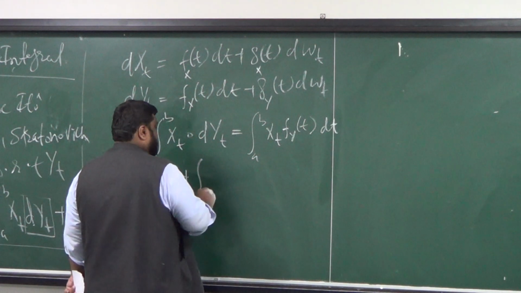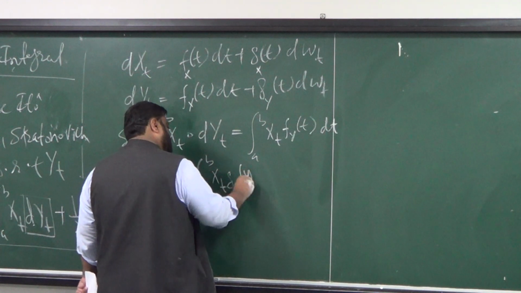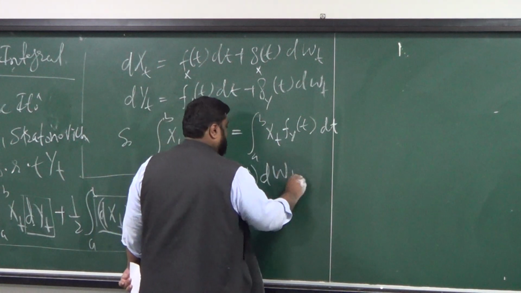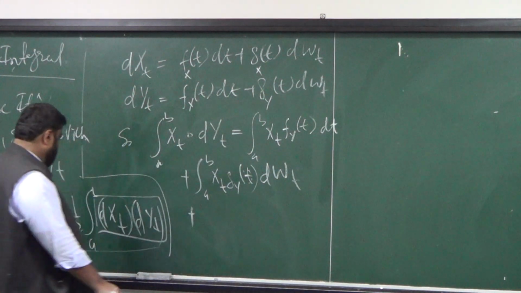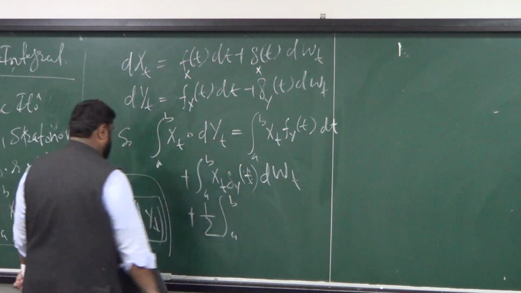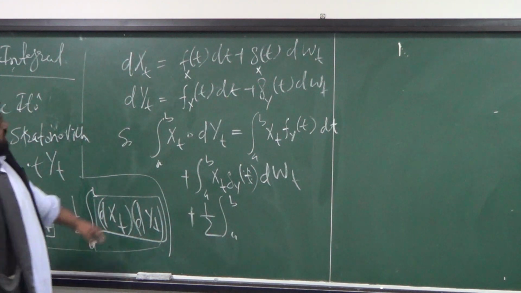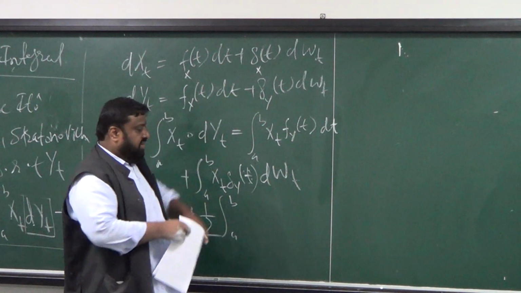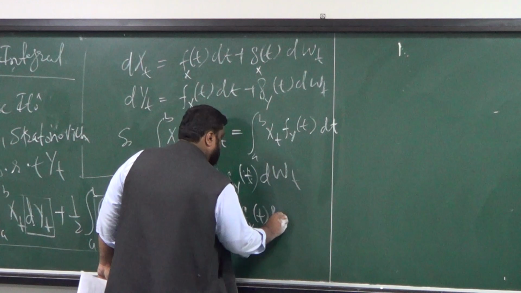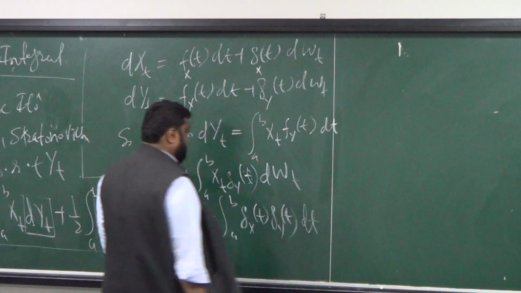Plus a stochastic integral from a to b of xt times the diffusion of the process y, dWt, plus 1/2 of the integral from a to b. So what would be dxt dyt? Only gx and gy terms will survive. So it's going to be gx of t, gy of t, dt.